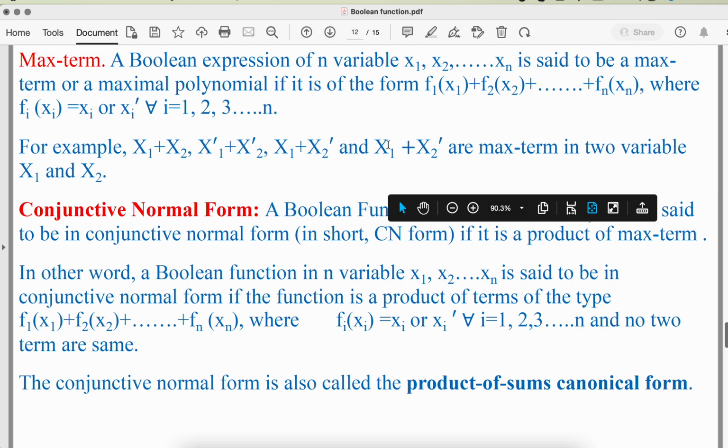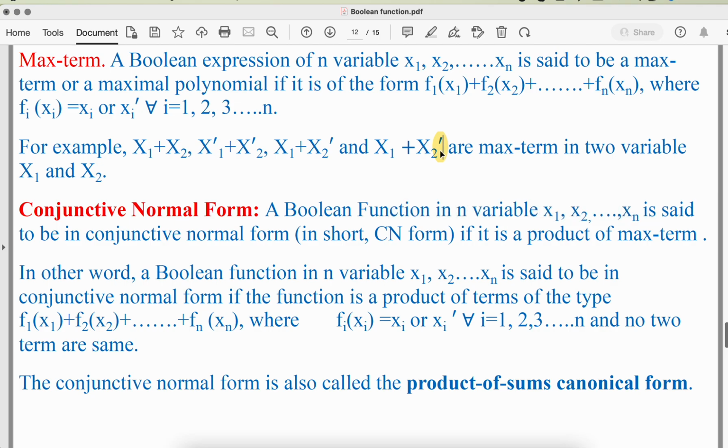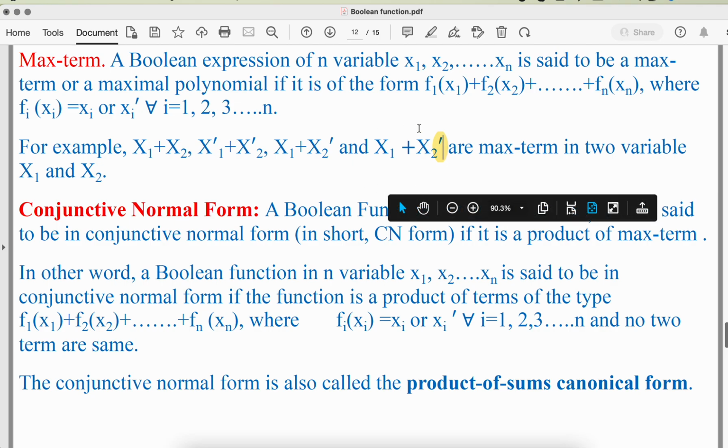Here it should be x1' + x2. This is also a max term. So if there are two variables, then we will have 2 raised to power 2, meaning 4 max terms: x1 + x2, x1' + x2', x1 + x2', and x1' + x2.